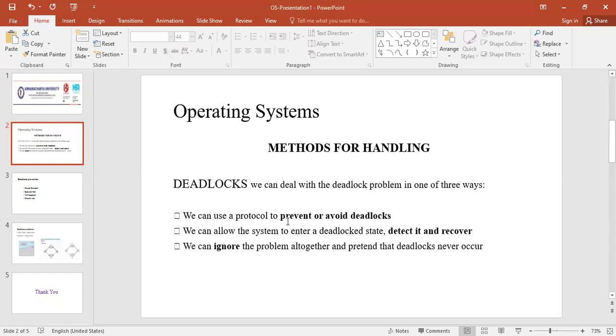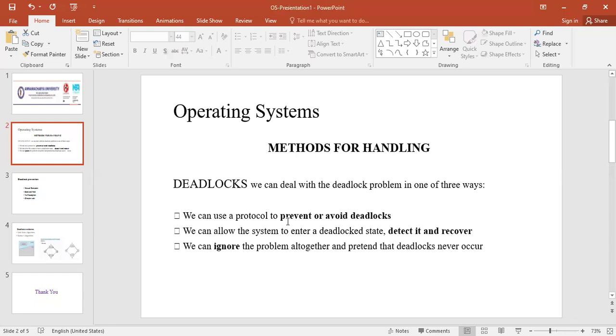In the absence of algorithms to detect and recover from deadlocks, we may arrive at a situation in which the system is in a deadlock state, yet has no way of recognizing what has happened.